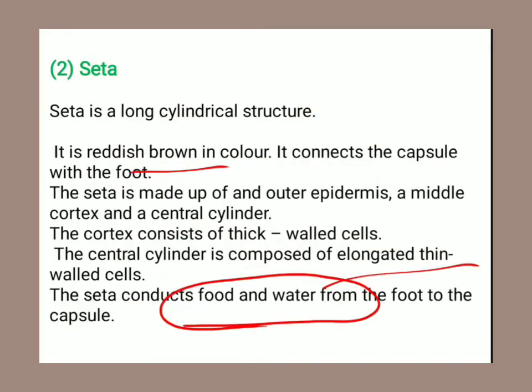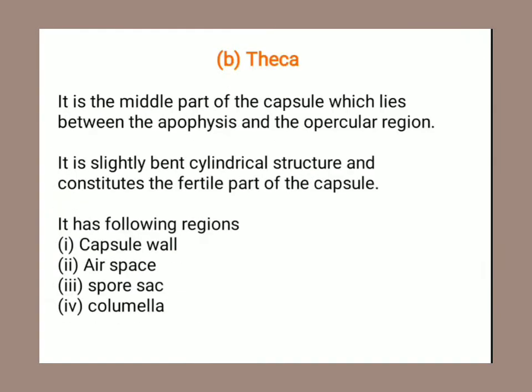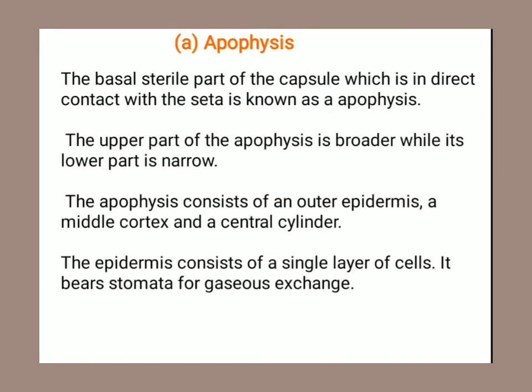It is a sterile portion of the capsule. The upper part of the apophysis is broader, while the lower part is narrow. The apophysis consists of the outer epidermis, middle cortex, and central cylinder. The epidermis consists of a single layer of cells, and it bears stomata for gaseous exchange.